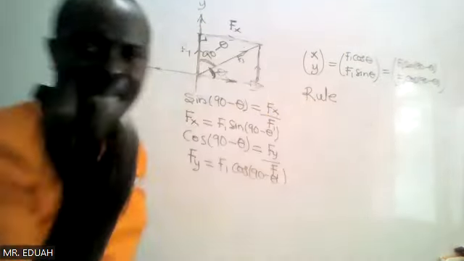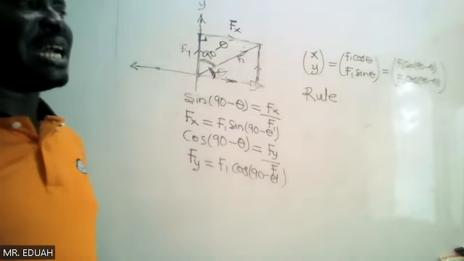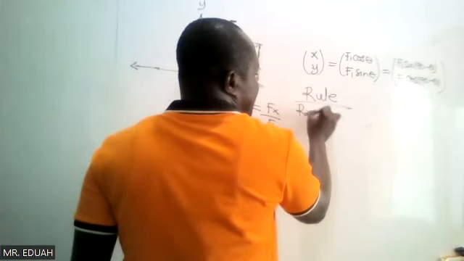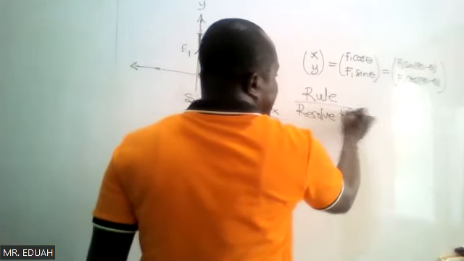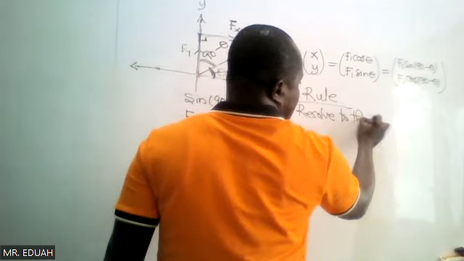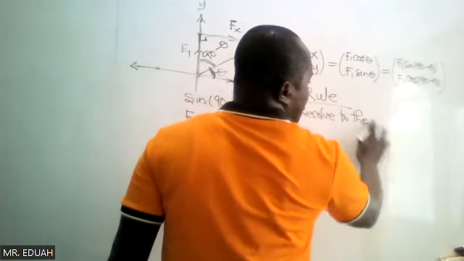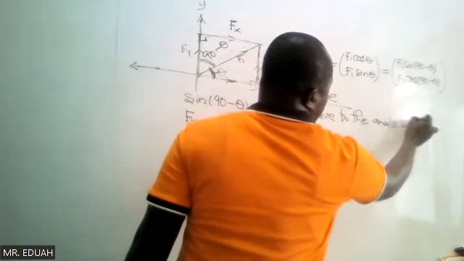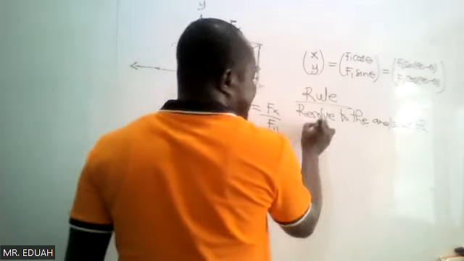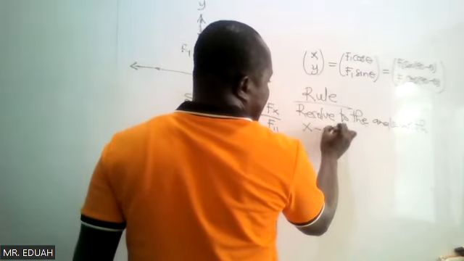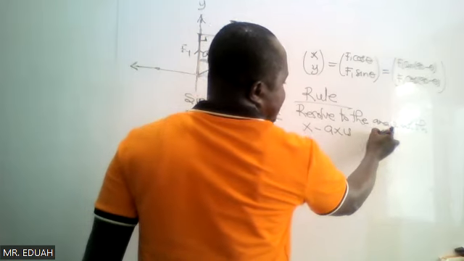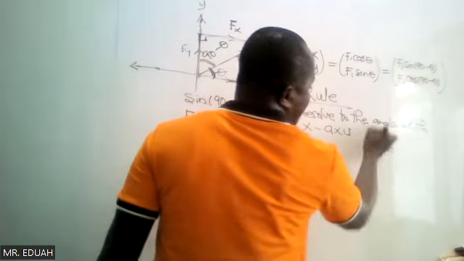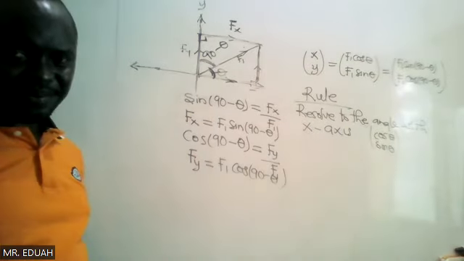The rule is that when I finish, I'll use numbers, which I think will bring the understanding better. The rule is that when you are resolving with the angle the vector makes with the x-axis or the horizontal, the components become cos, sine.